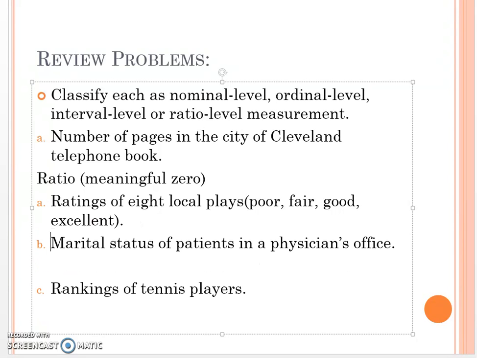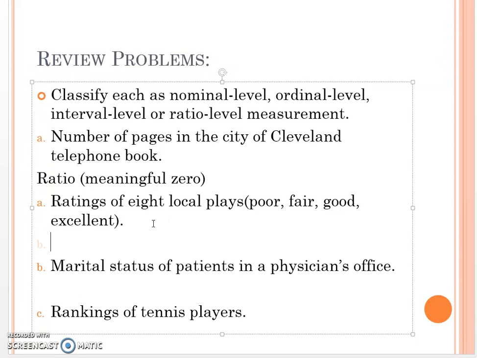Ratings, that's usually an easy one to see. Ratings is going to be ordinal, because you can order those from the poor to excellent. Marital status. Marital status has to be in different categories, different names, so it'll be nominal. Rankings of tennis players. Rankings, again, that's going to be ordinal, because you can rank those.